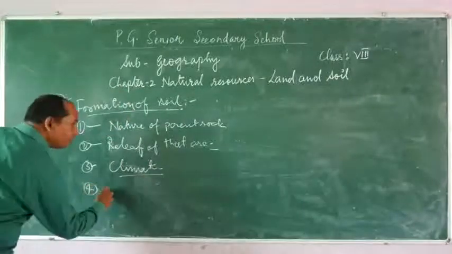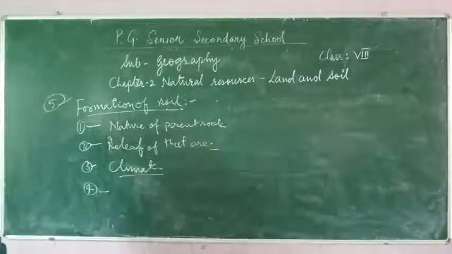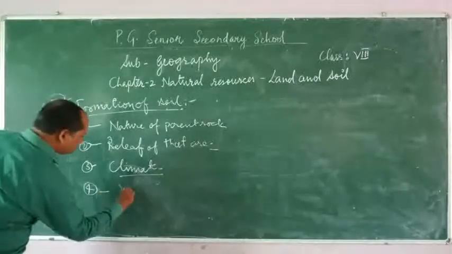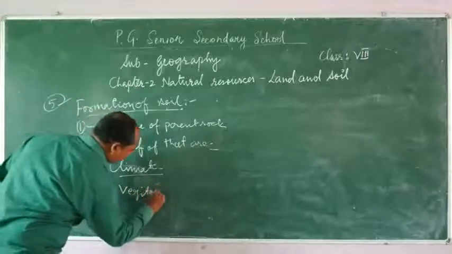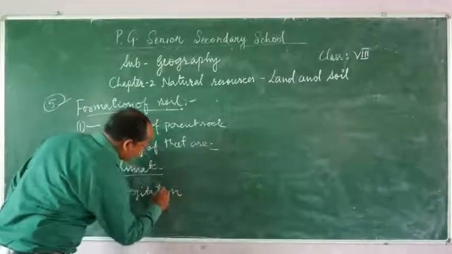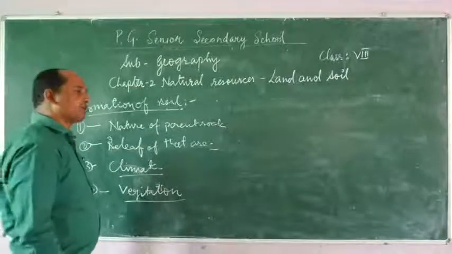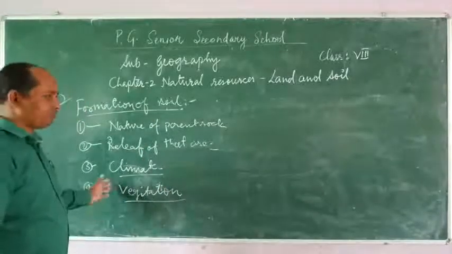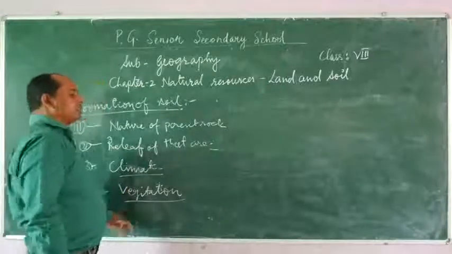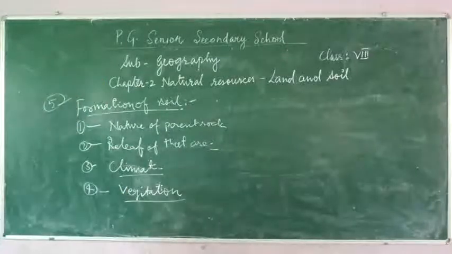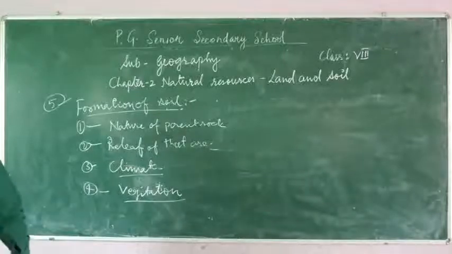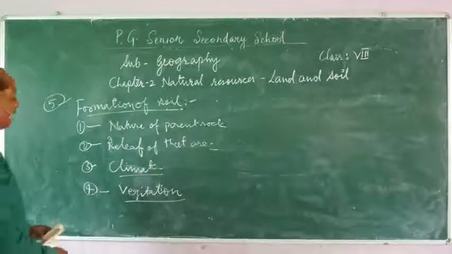Now the fourth one is the vegetation. Vegetation also plays a very important role in the formation of soil. What type of vegetation is found there also determines the type of soil in that particular area. Now, time.